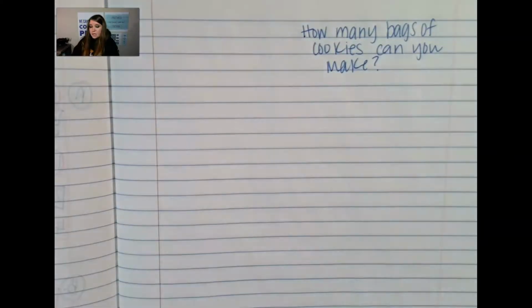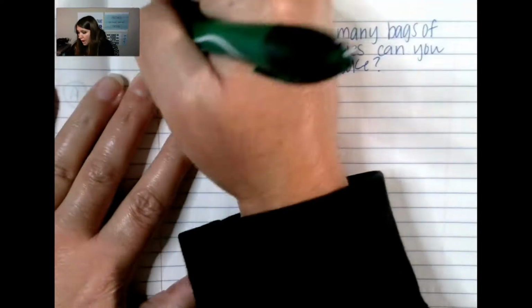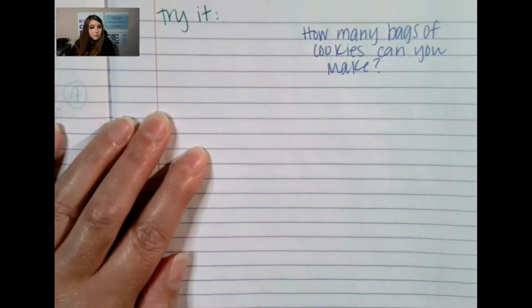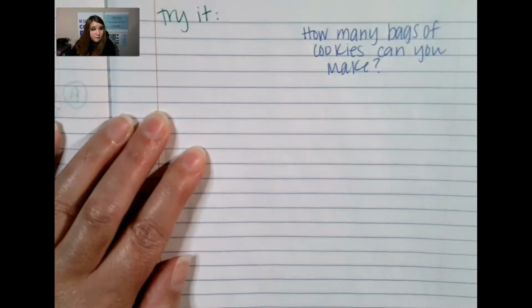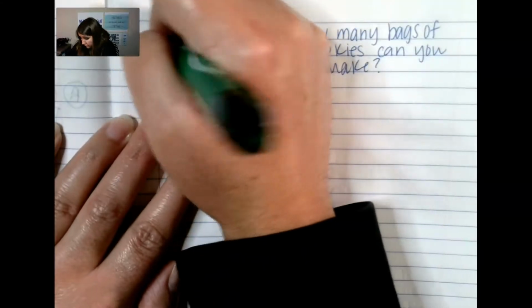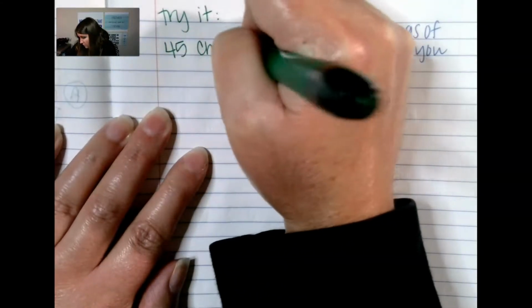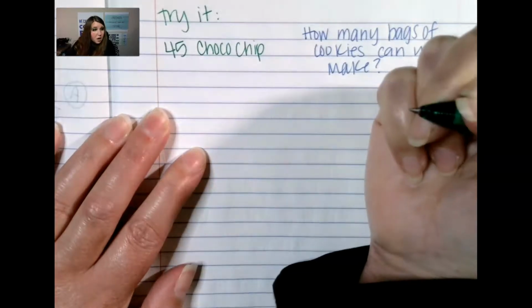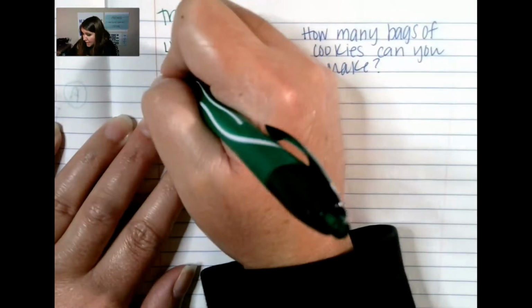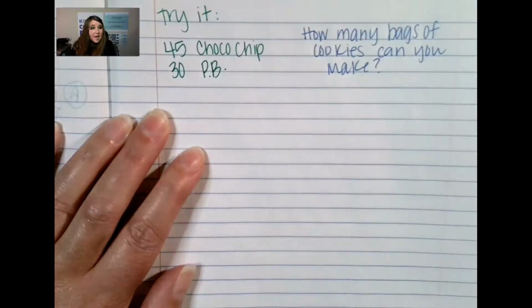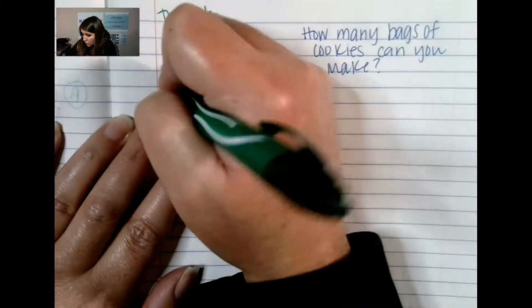All right, and I need to label this as a try it. Okay, what did we say? We had 45 chocolate chip. So 45 choco chip. And you also had 30 peanut butter and 15 oatmeal.